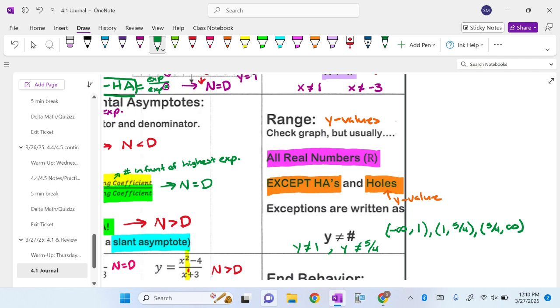So essentially, you're just putting, not commas, you're going to put the union symbol. So essentially, you're putting everything in numerical order, but you're just noting where the stopping points are, where they can't cross. That's what we're noting. We're saying that there's graph between negative infinity and 1 y values. There's graph between these two y values, and there's graph here. That's what this means.